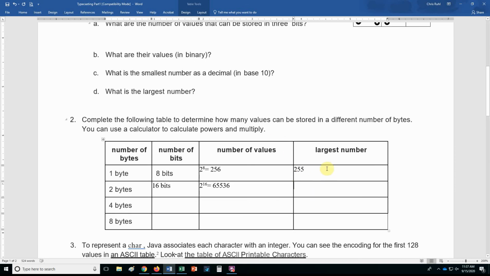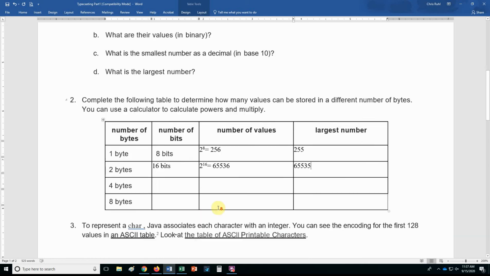So this next one would have to be 65535. 1 less. So I'll let you figure out the values for 32 and 64. This would be 2 to the 32nd and 2 to the 64th. I'm guessing you'll need a calculator. Please use scientific notation in your answer.